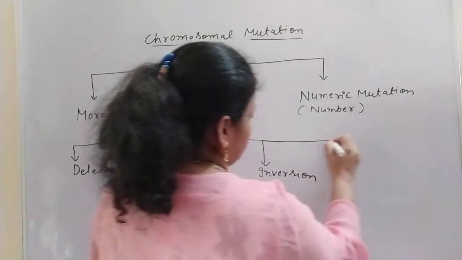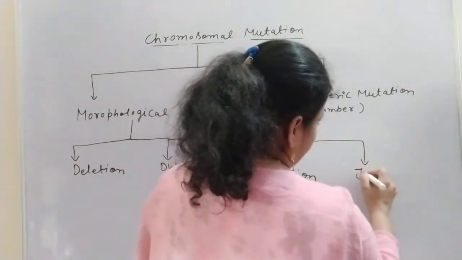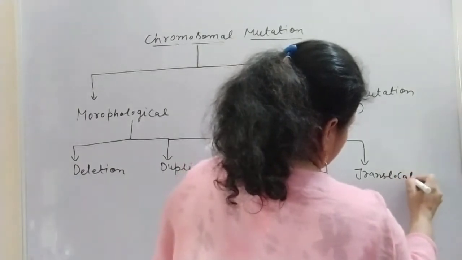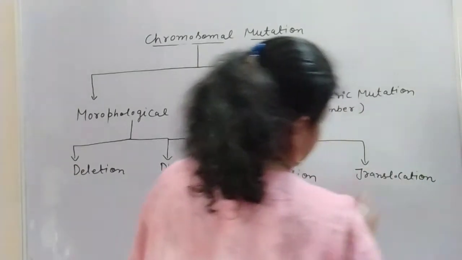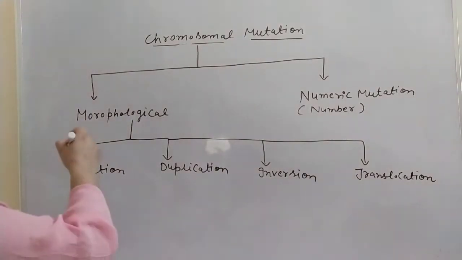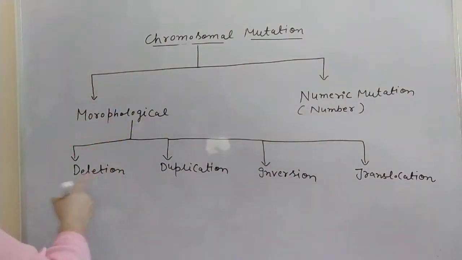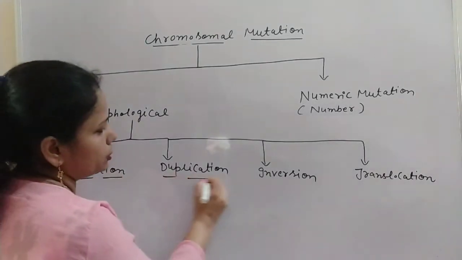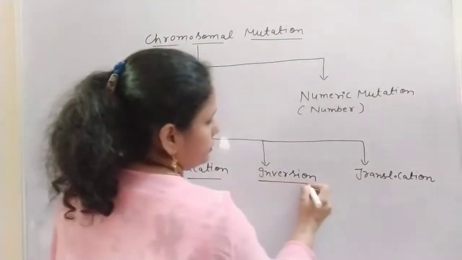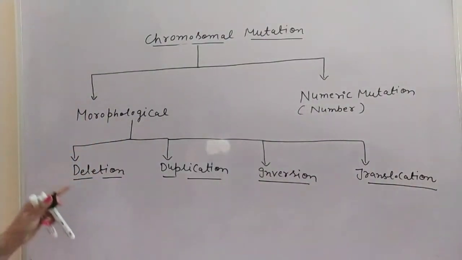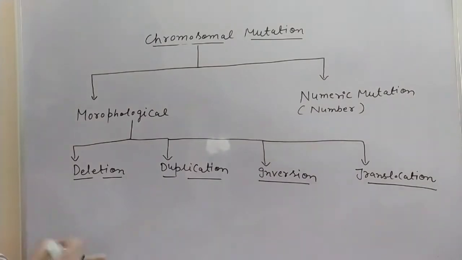And fourth, translocation. So there are the four types of morphological chromosomal mutation. First is deletion, second duplication, third inversion, and fourth is translocation. So let us discuss each one by one.